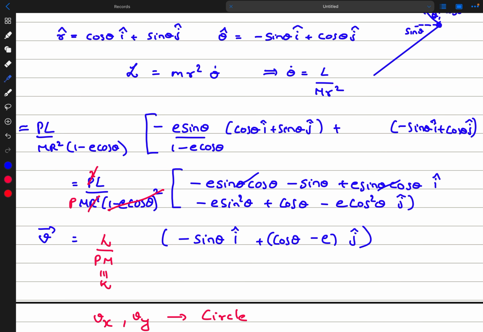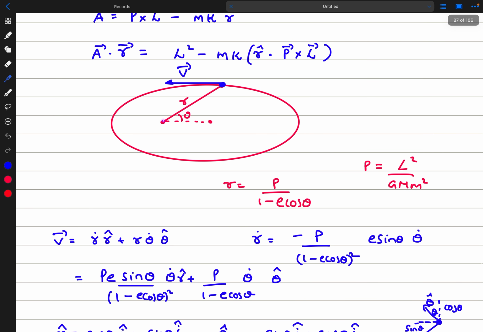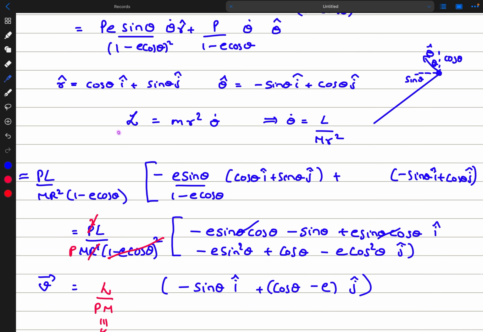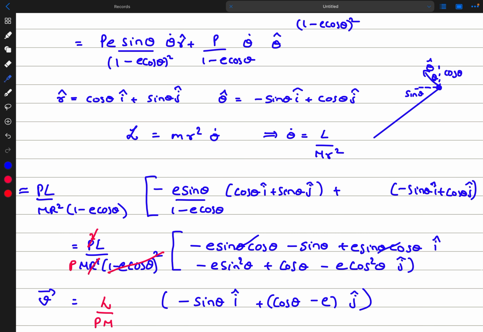Okay, so now we also take the help of the fact that the angular momentum is m r square theta dot, because if you guys have studied gravitation, about the focus, the angular momentum of the particle is conserved. Okay, so now how did we get this? How did we get angular momentum as m r square omega?